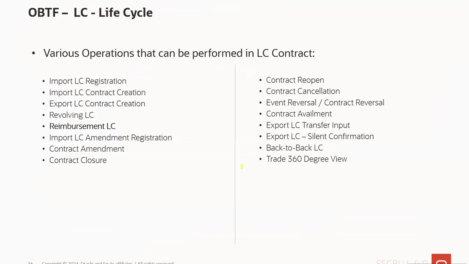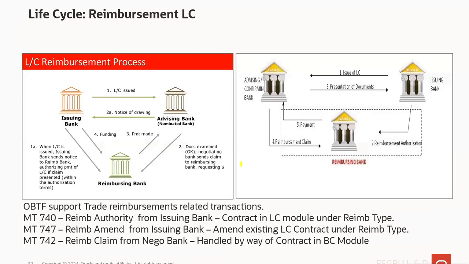Now moving on to the next topic. If my bank is acting as a reimbursing bank, then this feature will be used. Our issuing bank will give an authority, which is MT 740 or 747, and we receive a claim from the negotiating bank, MT 742.